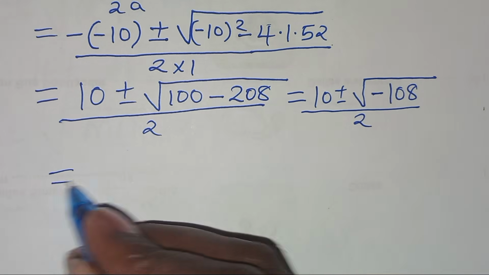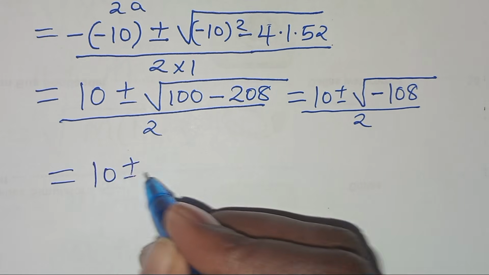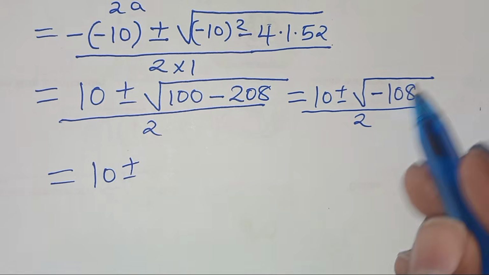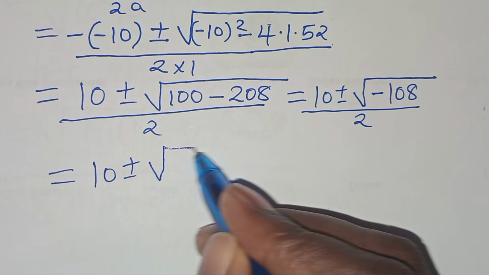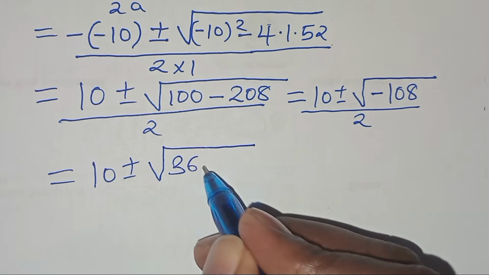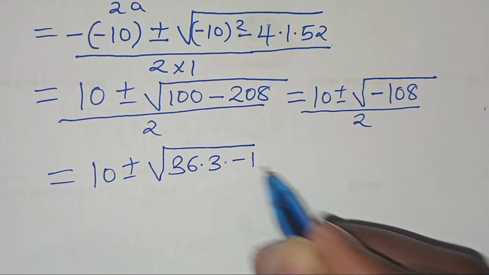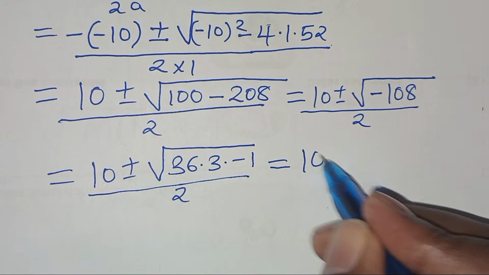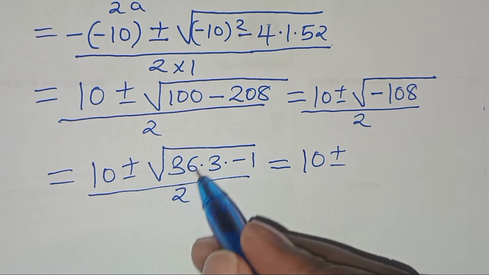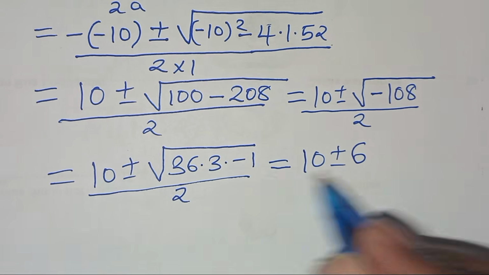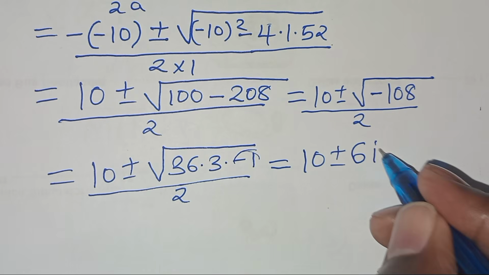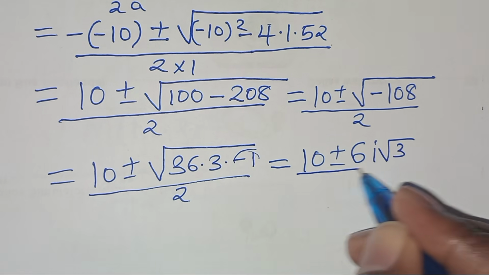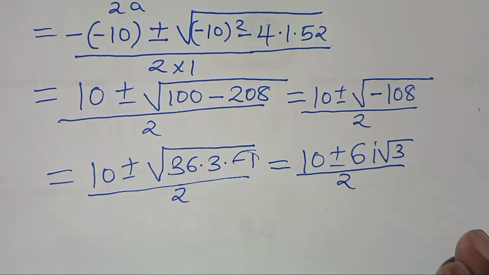So here we have 10 plus or minus. We can express the square root of minus 108 as square root of 36 times 3 times minus 1, all this divided by 2. And this is equal to 10 plus or minus the square root of 36, this is 6. The square root of minus 1, this is i, then square root of 3, all this divided by 2.